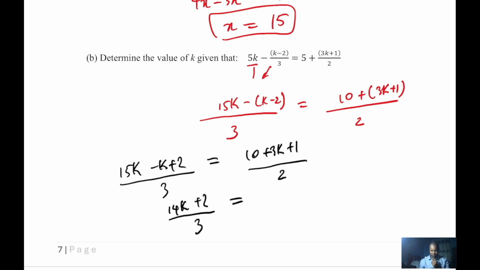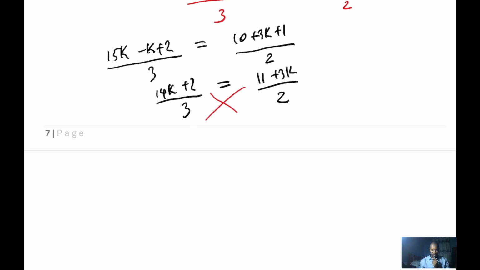This is equal to 11 plus 3k divided by 2. And from this stage now you can cross multiply. So when you cross multiply, I'll have 2 in the bracket 14k plus 2 equals 3, then you have 11 plus 3k.